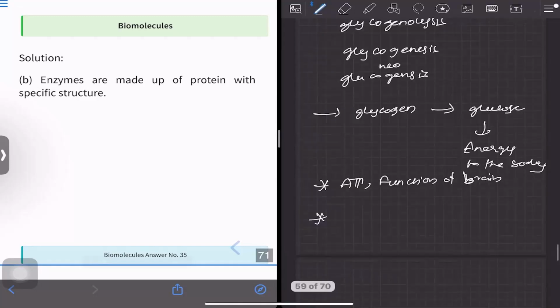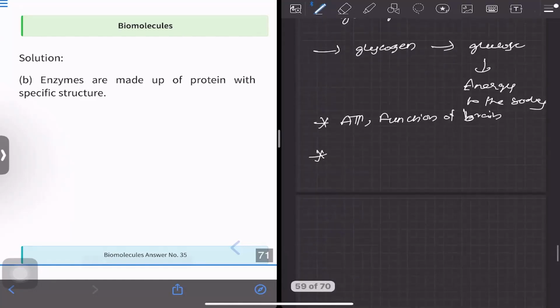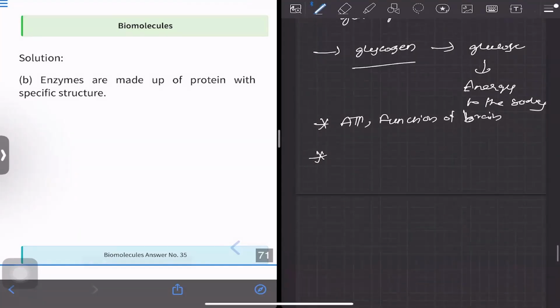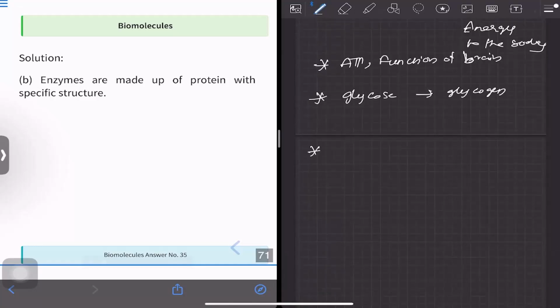And what is meant by glycogenolysis? It is breakdown of glycogen into glucose. What is glycogenesis? That is conversion of glucose into glycogen. When does this take place?